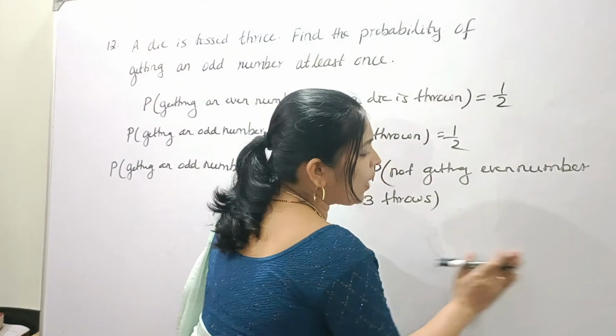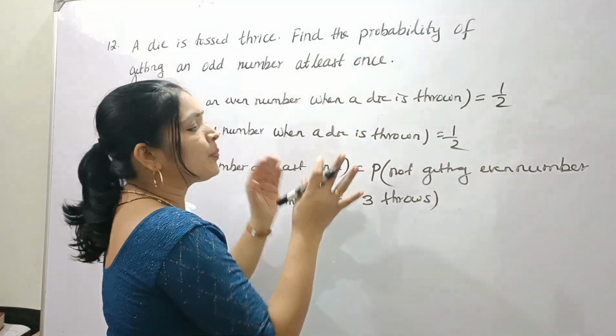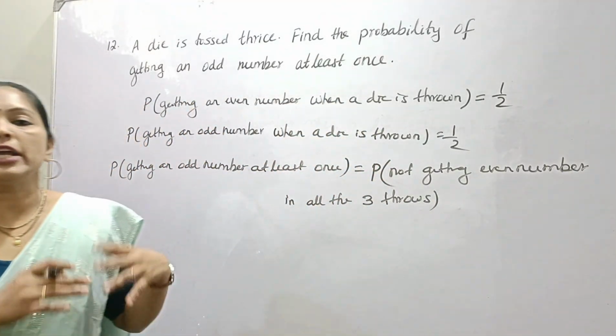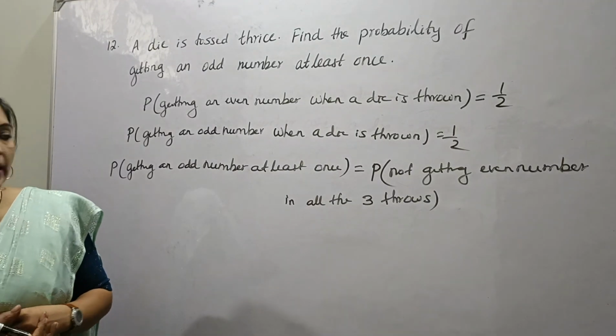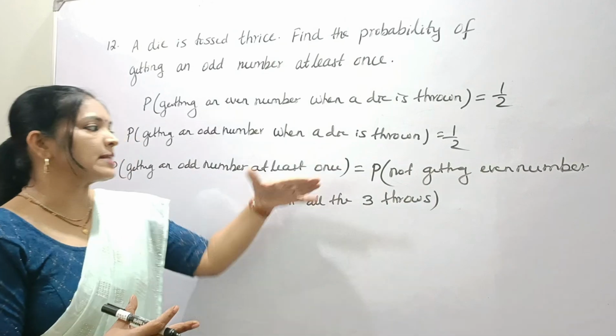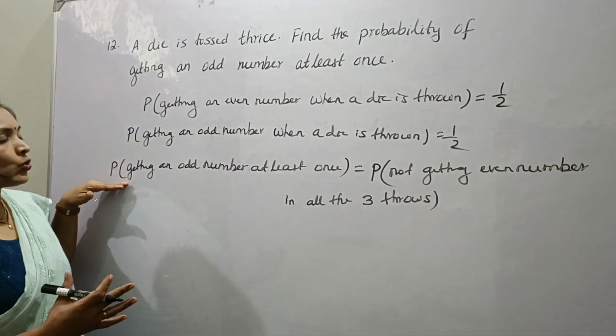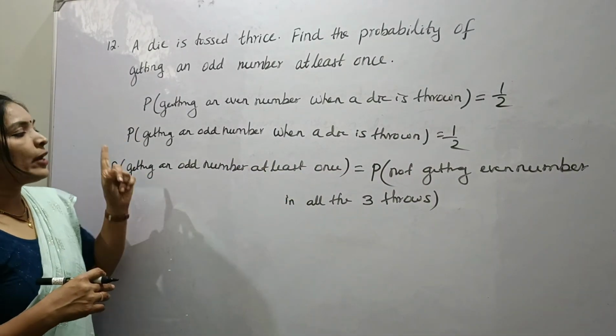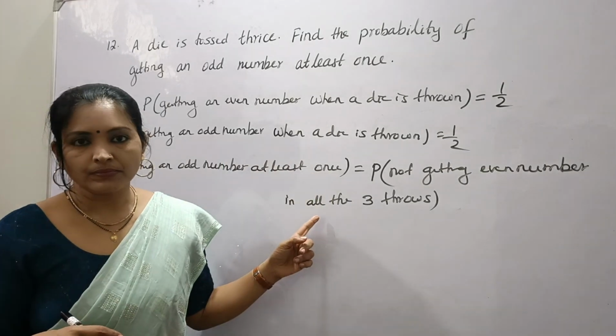So here, now we can find the probability of getting an even number in all the 3 throws, right? So that we can take its complement. Its complement is nothing but this required probability, that is probability of getting an odd number at least once.